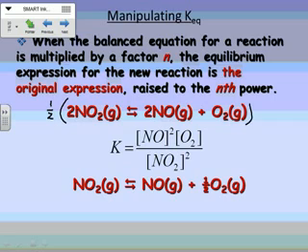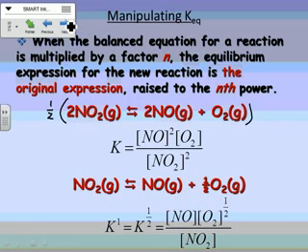What you end up doing here is K to the 1/2 power. If we rewrite this expression, we've essentially reduced the power of everything in that expression by 1/2. So our K becomes what it was before, to the half power.